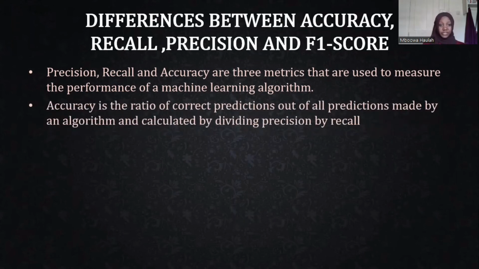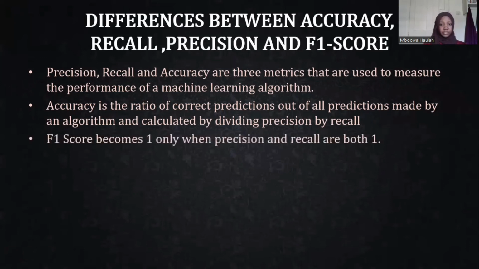Accuracy deals with the ratio of correct predictions to all predictions made by an algorithm. The F1 score becomes 1 only if the precision and recall are both 1.